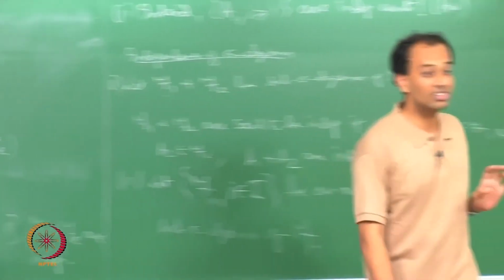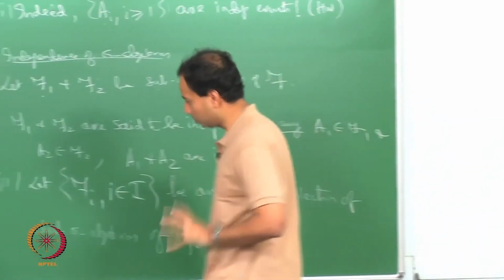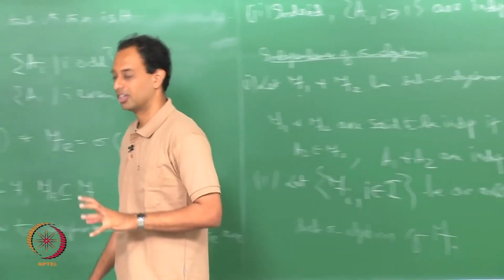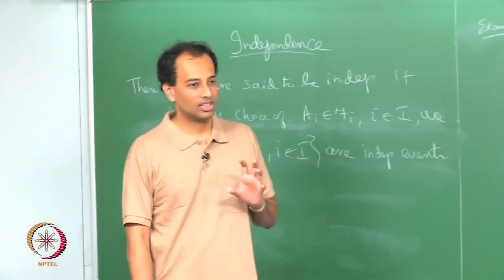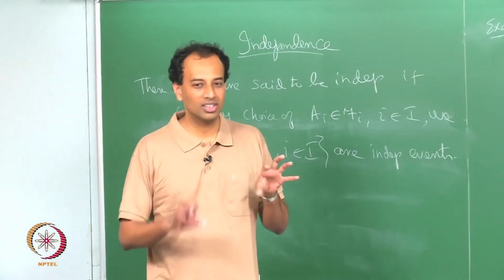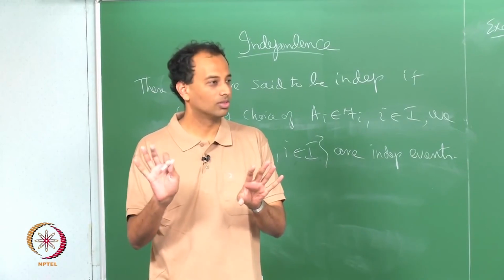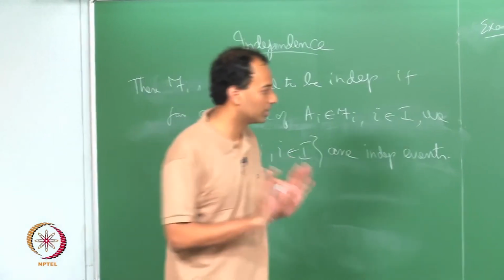However, there is a saving grace. In order to show that two sigma algebras are independent, it is enough to show that independence holds on certain generating classes alone. I will just roughly put it at that level.